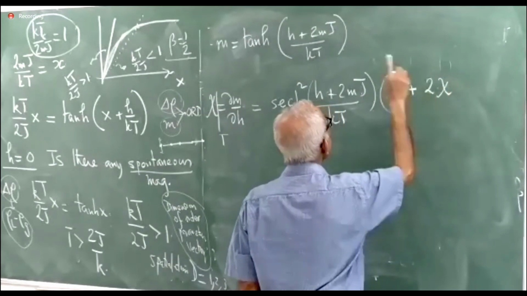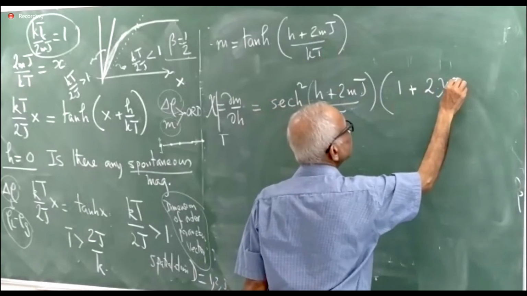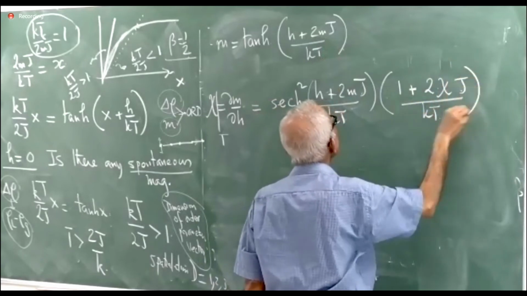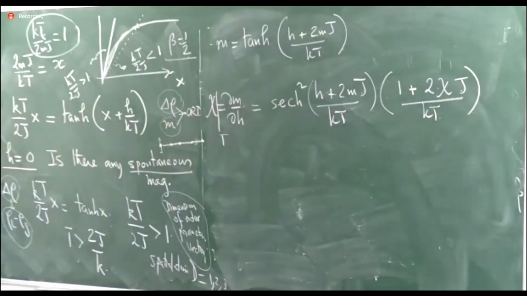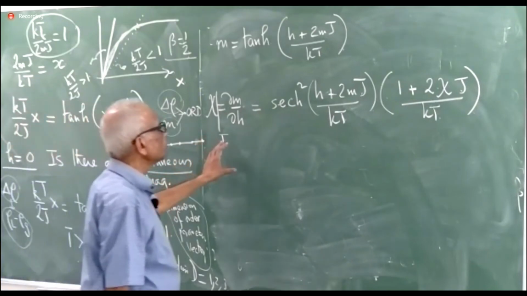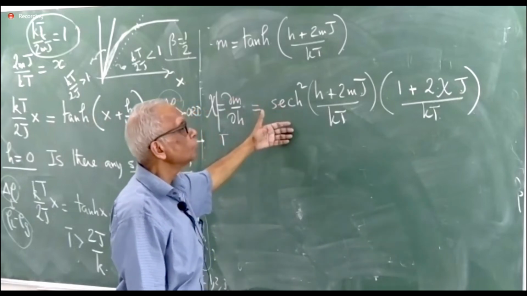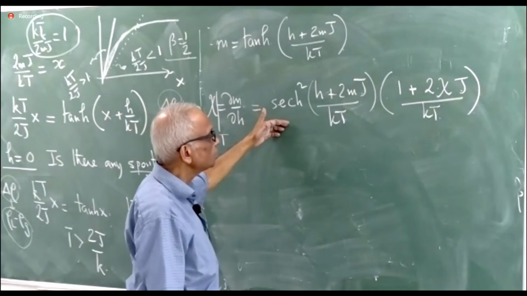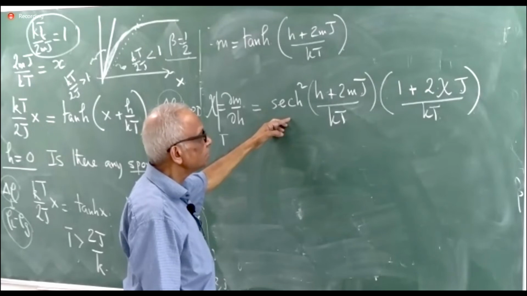susceptibility del m del h, J divided by kT. So you take a derivative with respect to h, and you pick up chi is equal to sech. So I'm going to set myself above the transition, and it is the zero field susceptibility.